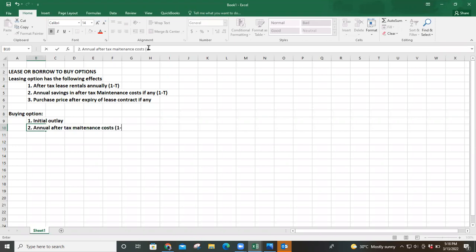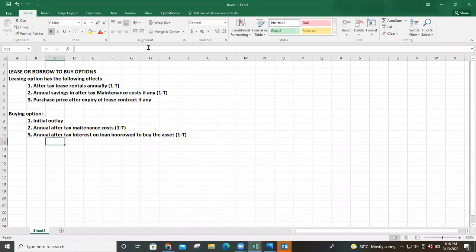Remember, it is 1 minus T. Number three, we have the annual after tax interest on loan borrowed to acquire the asset. So remember, it's 1 minus T.